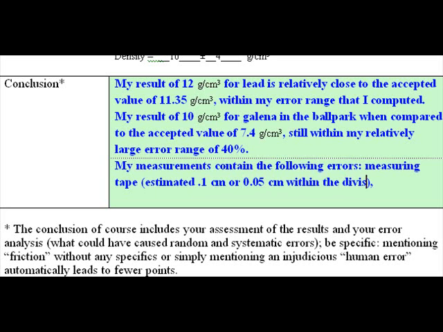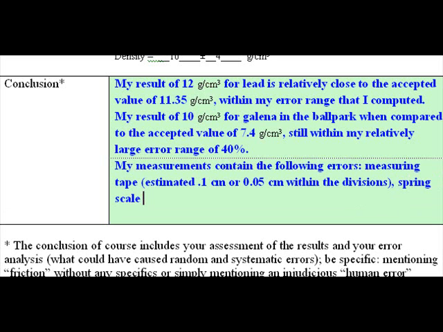Notice that the box does get larger, so you're not necessarily confined to the text box size that I gave you. It is the spring scale. The spring scale I express a little bit differently. That's up to you how you express it. Accurate to within a few grams.